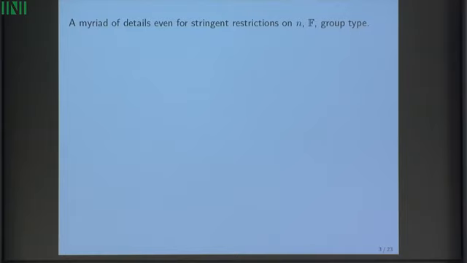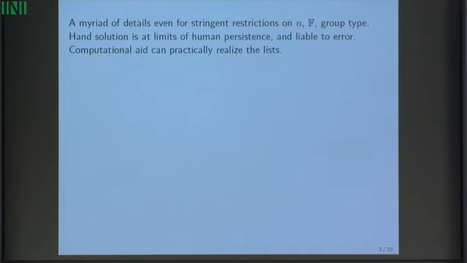So it makes sense to push the solution by hand as far as you can go, and then turn the rest of the work over to the computer, get the computer to organize all of this detail. The other important thing, of course, is that once you've got the classification implemented, you can test it, you can check it for correctness. And we all know, if we've done classifications, how easy it is to make mistakes at the first go round.